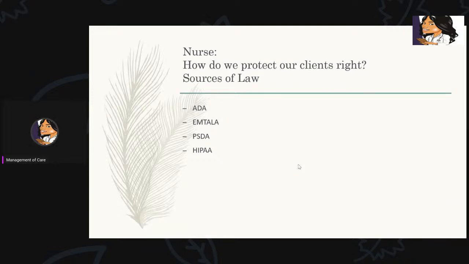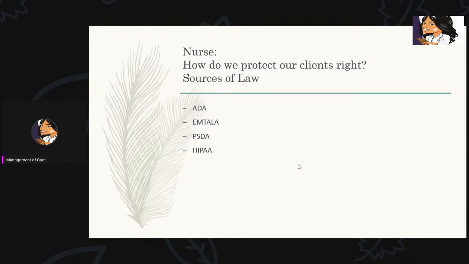And then I want you to write down intentional. You intentionally assault someone, saying things, threatening them, saying to a patient, if you get out of that bed, I'm going to tape you to the bed. That's assault. Saying, if you leave that room, I'm going to make you regret it.